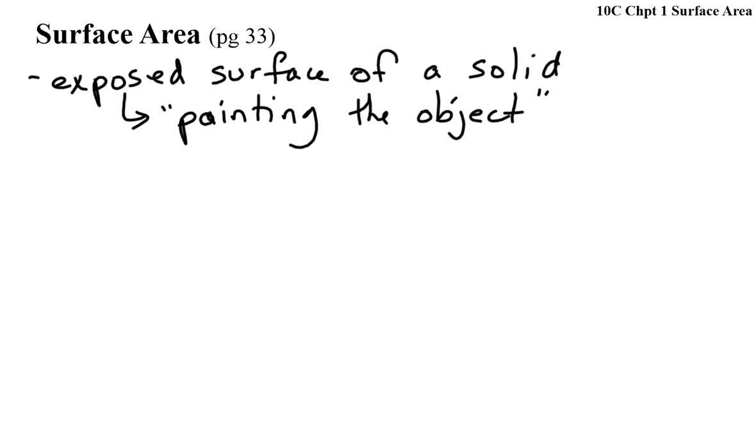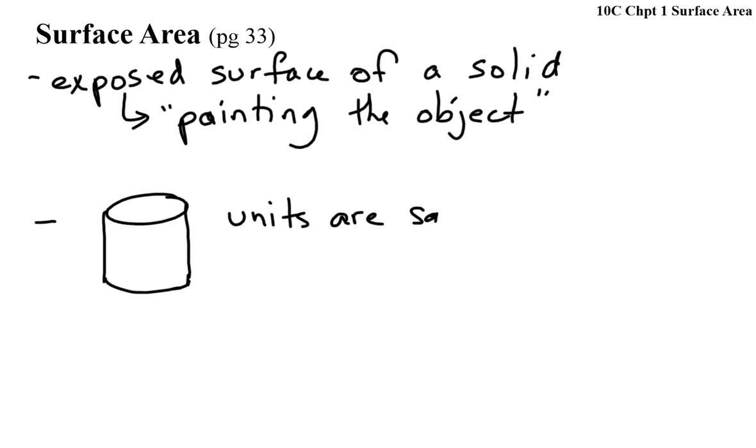Make sure that even though if I were to paint a cylinder, I would be painting this three-dimensional shape, my units are still going to be squared. We use squared units even though we're dealing with a three-dimensional shape.